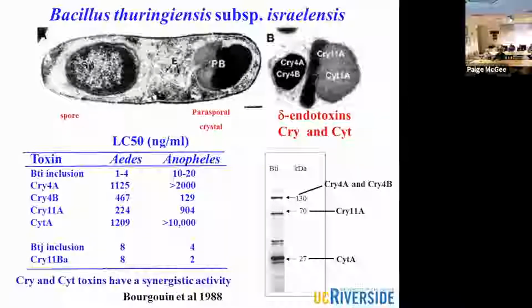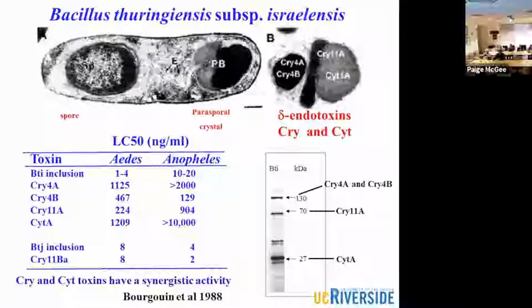Now, to focus on BTI in particular, BTI, as you can see, has an inclusion, as you can see on the top right. It has four main toxins involved. And you see on the table on the left that you have the BTI inclusion, which includes at least 6 different proteins. And 4 of them are listed here.